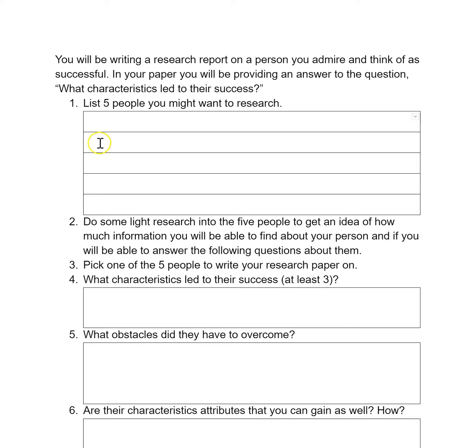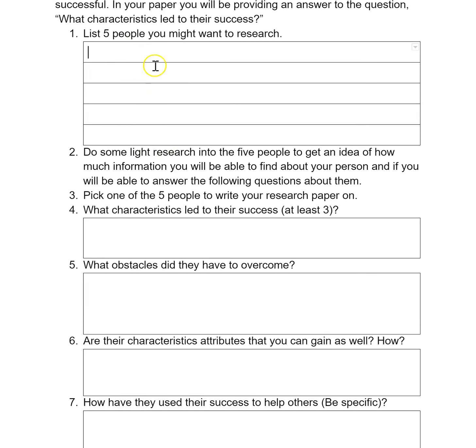Okay, the first thing you're going to need to do is decide who you're going to write about. So just start brainstorming a little bit and jot down at least 5 people that you think of as successful that you may want to write about. Okay, you're not picking yet. If you think you want to do a sports figure, that's fine, but don't do all sports figures for these 5.